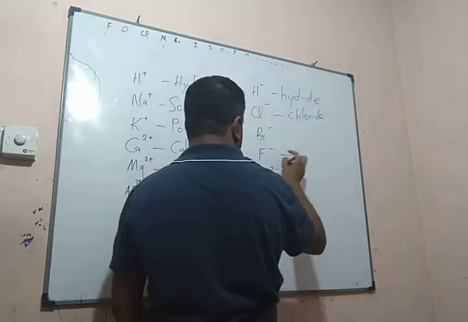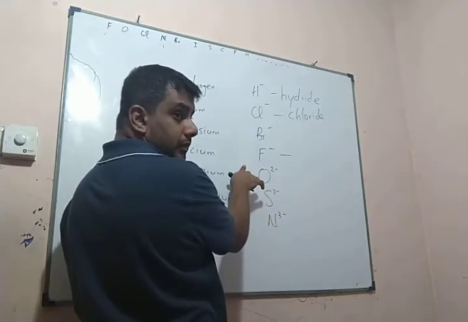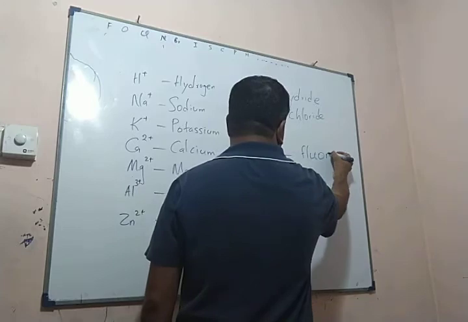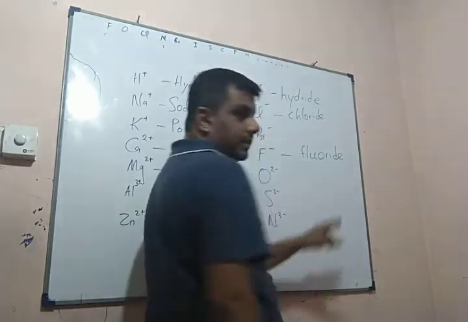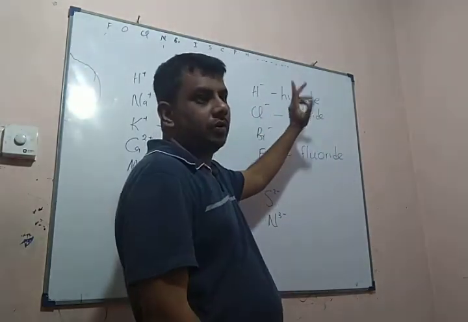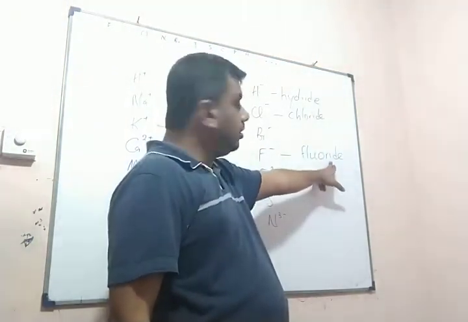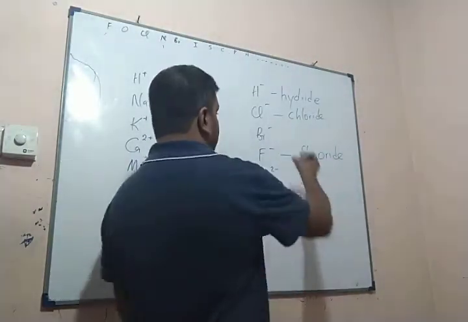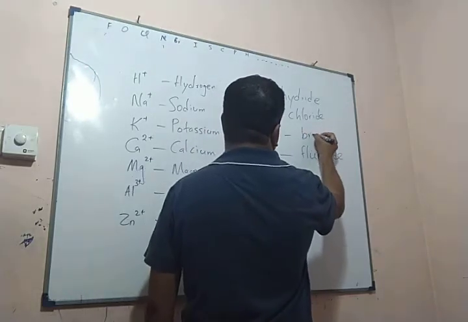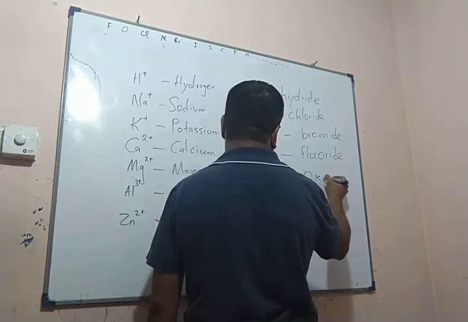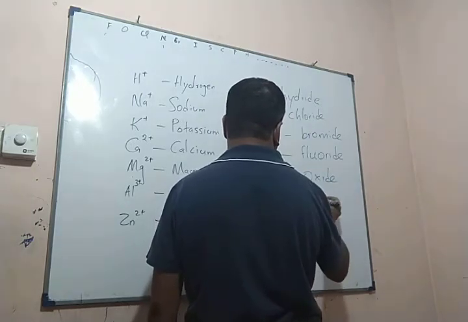F minus, fluoride. F-L-U-O, fluoride. This is not fluoride, just chloride. Chloride, fluoride, right? And Br minus, bromide, oxide. These are not difficult. Sulfide.